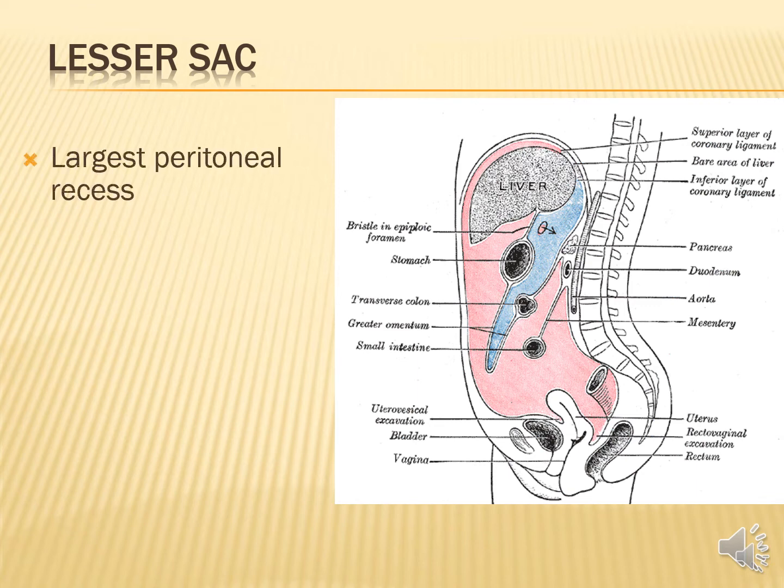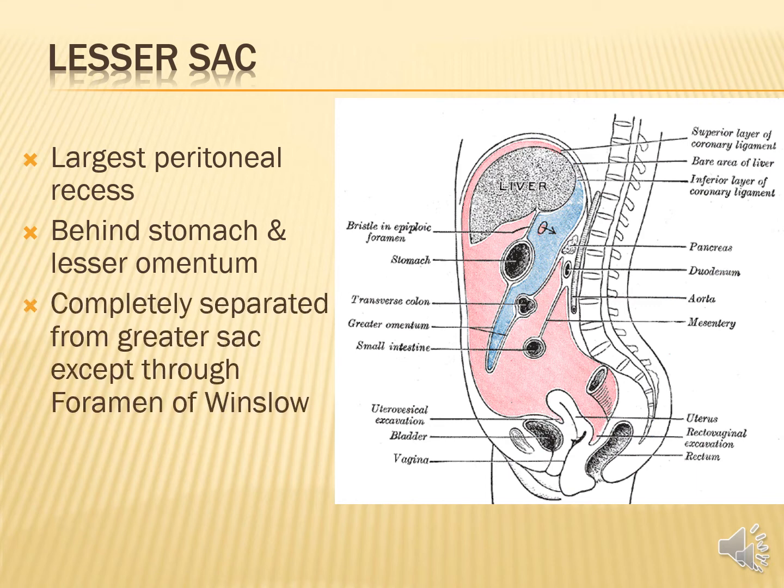Now the largest recess is the lesser sac, which is lying behind the stomach and the lesser omentum, separated from the greater sac except that it communicates with the greater sac by means of the foramen of Winslow.